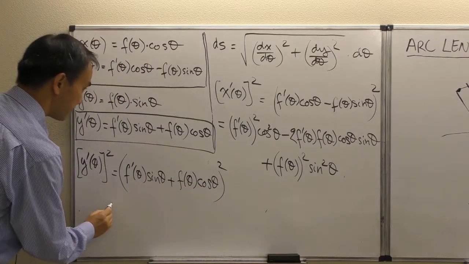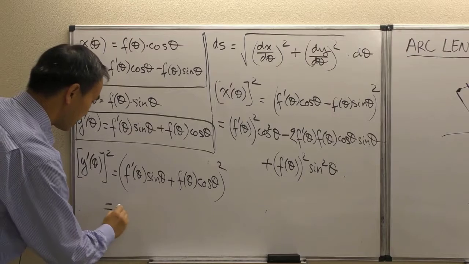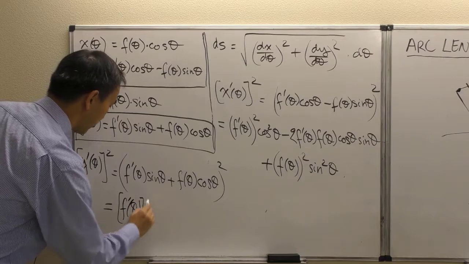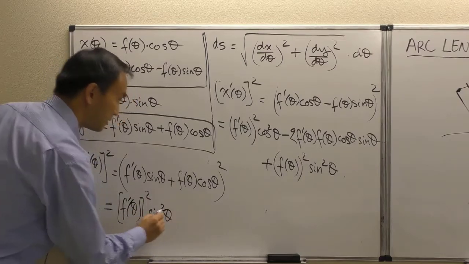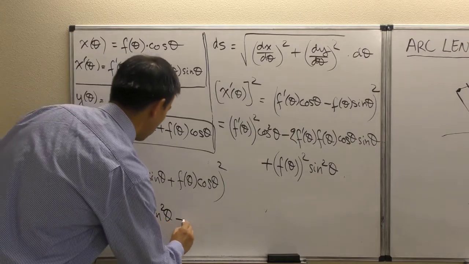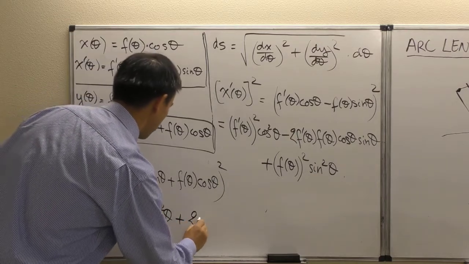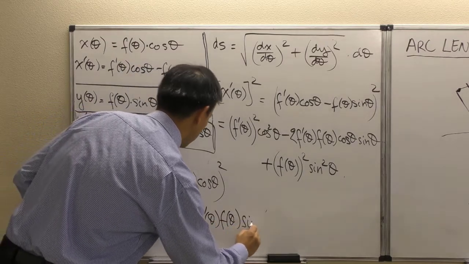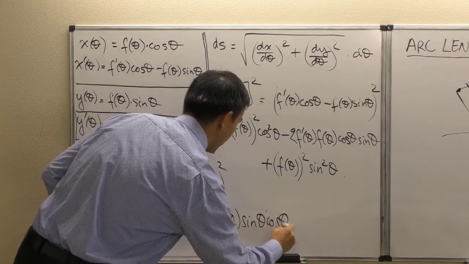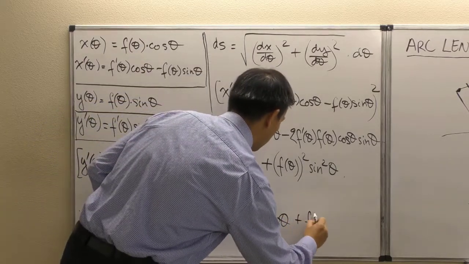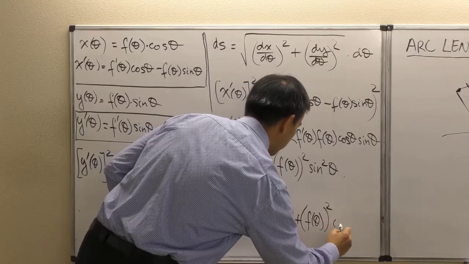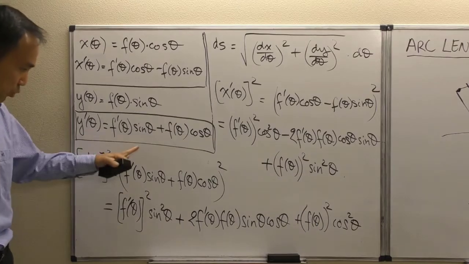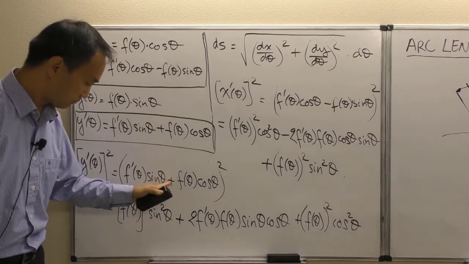That gives me f prime of theta all squared times sine squared theta, plus 2 f prime theta f theta sine of theta and cosine of theta, plus f of theta all squared times cosine squared of theta. So that's how I squared out and FOILed this perfect square.